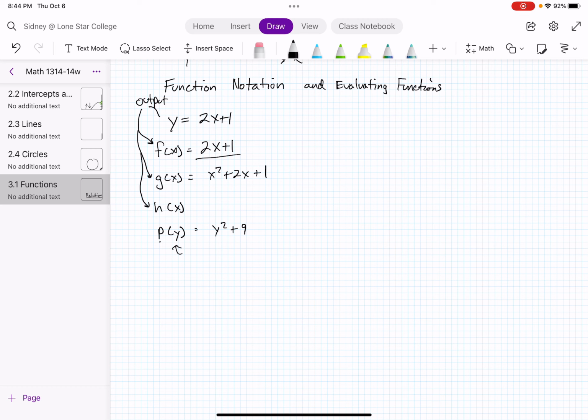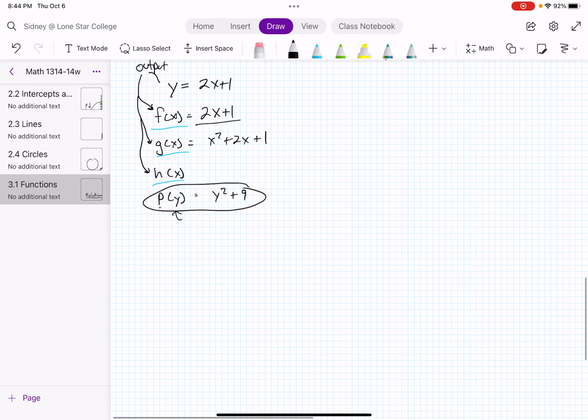So know that functions are typically represented with letters, and in parentheses will be the variable used in that mathematical relationship. And so you'll see them lots of different ways. Our textbook typically sticks with things like f of x, g of x, h of x, but you can see all sorts of different functions. In later math classes, they expound on this, and you typically see more of those.